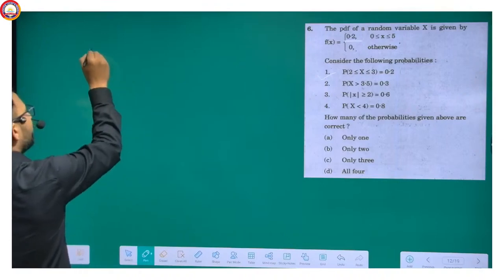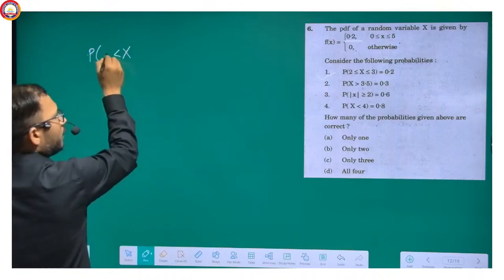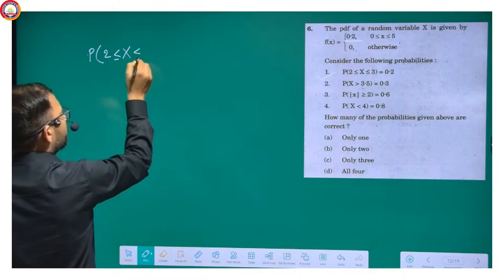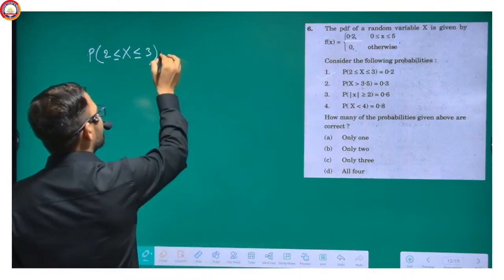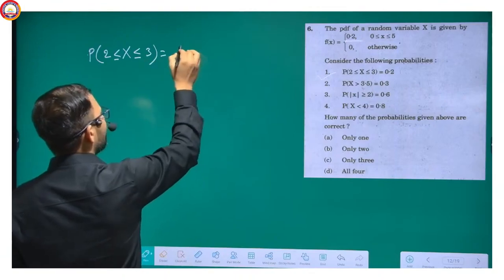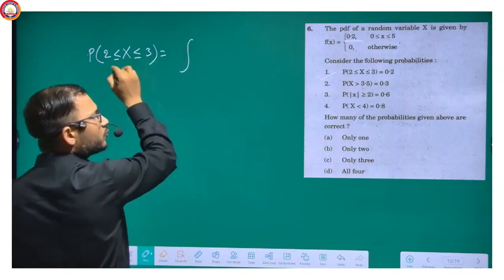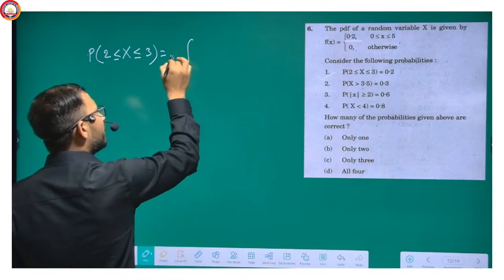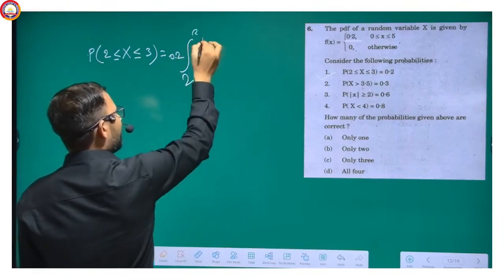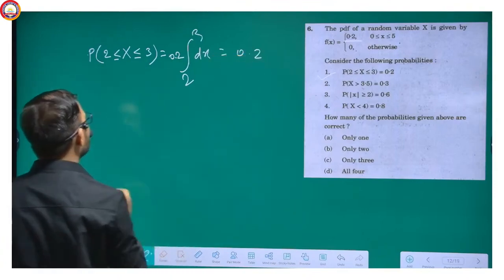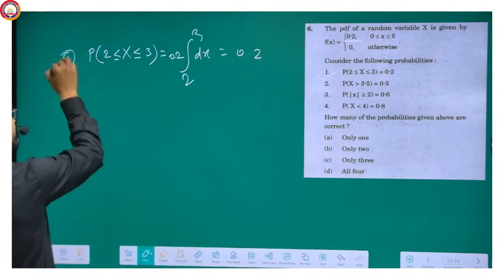The first will be probability x lies between 2 and 3, and this is just a continuous distribution. So 3 minus 2 is 1, and 0.2 will come outside, the integral of dx from 2 to 3, so this will be 0.2. Now this is the first statement.